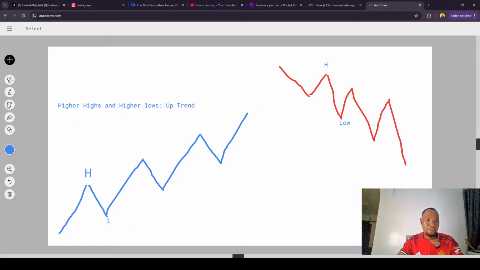This will be the low. At any point in time that you have lower highs and lower lows, that is a downtrend. I'm just going to change the color to red. So it's a downtrend.